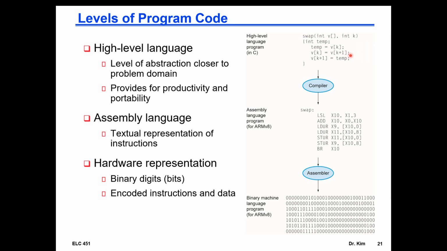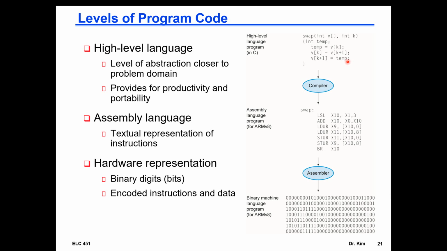So you can see how it's implemented. We have a temp integer. So that temp gets the value of v of k. V of k now gets v of k plus 1, and now v of k plus 1 gets temp. And there you have the swap. These things could be used in something like sorting algorithms.